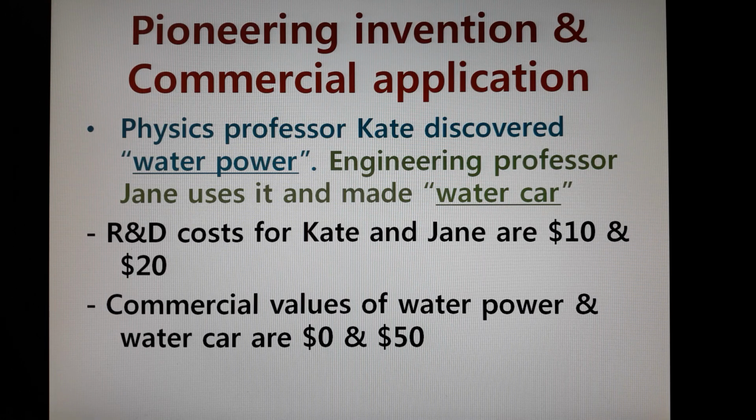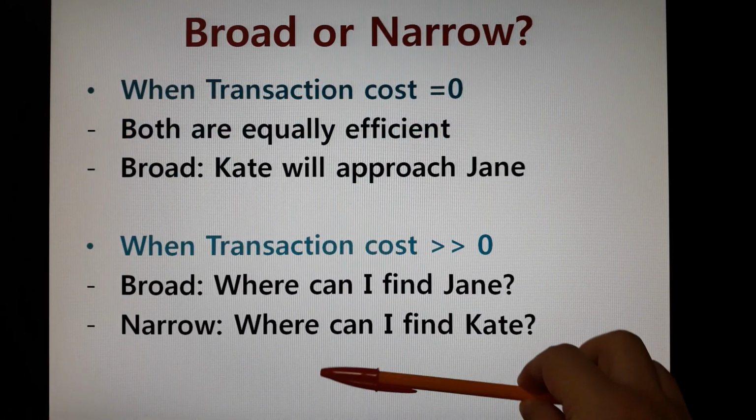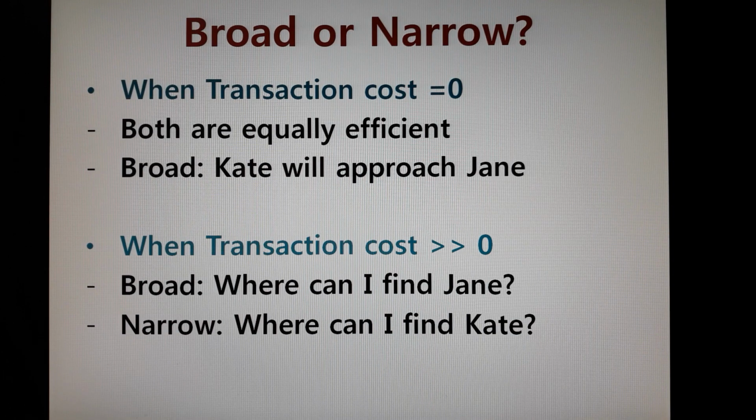Finding someone who already published a paper is much easier than finding someone who can do the research and who can publish in the future. Therefore, if you ask me, the narrow definition makes this process much more difficult.